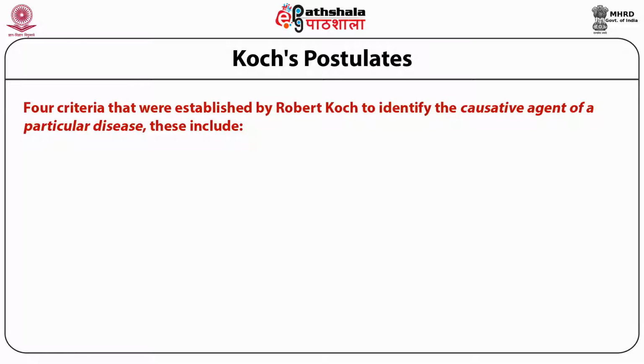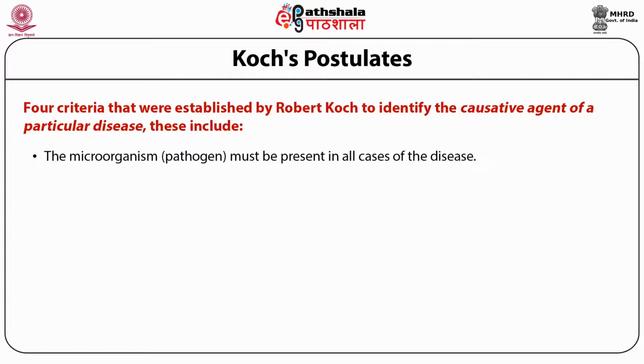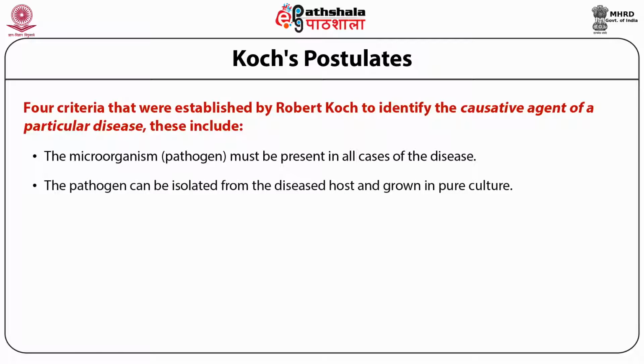These are known as Koch's postulates. First, the pathogen must be present in all cases of the disease, so the microbe which is blamed for the disease must be present in all cases. Second, the pathogen can be isolated from the diseased host and grown in pure culture. From the tissue of a diseased animal or human being, the pathogen can be isolated and cultured in pure culture by streaking or spreading.